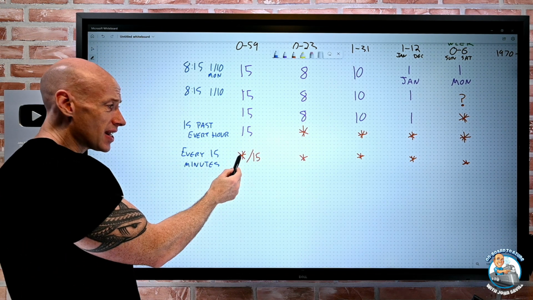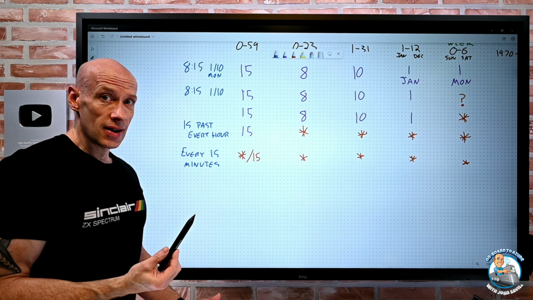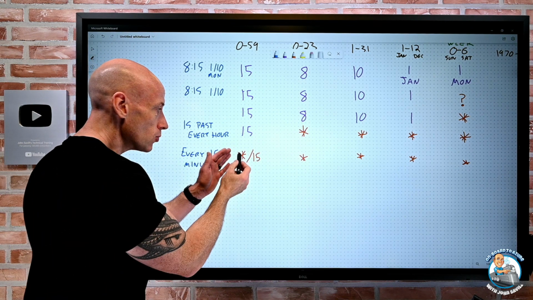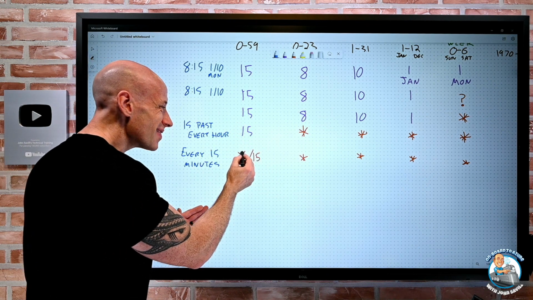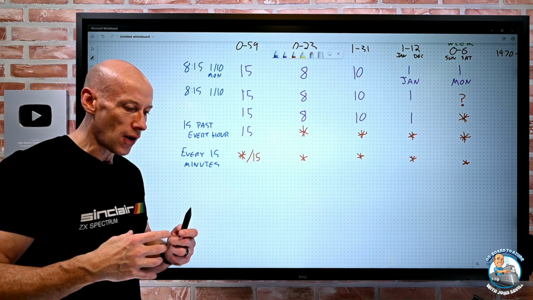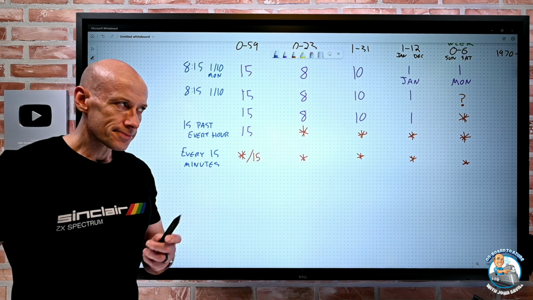Now, this doesn't actually have to be this asterisk. It could be 10, in which case it would start at unit 10 every 15 minutes. So 10, 25, 40, 55. So this is the normal thing you would do, but technically you can modify and change that. So that's an increment.